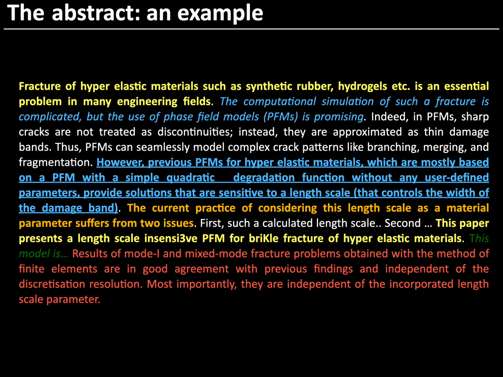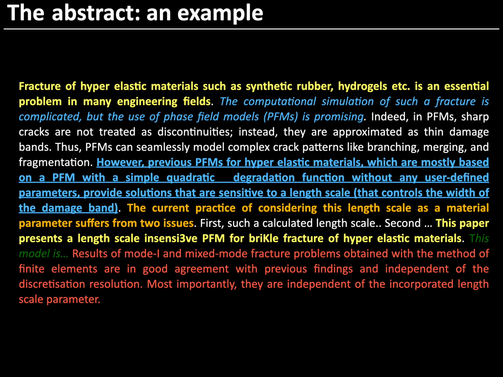Next, the sentence explains why I select phase field. Some people do that, some people don't, but I want to justify it. And then the third sentence, however, the underlined one, if you can see the pointer, is to talk about the gap.